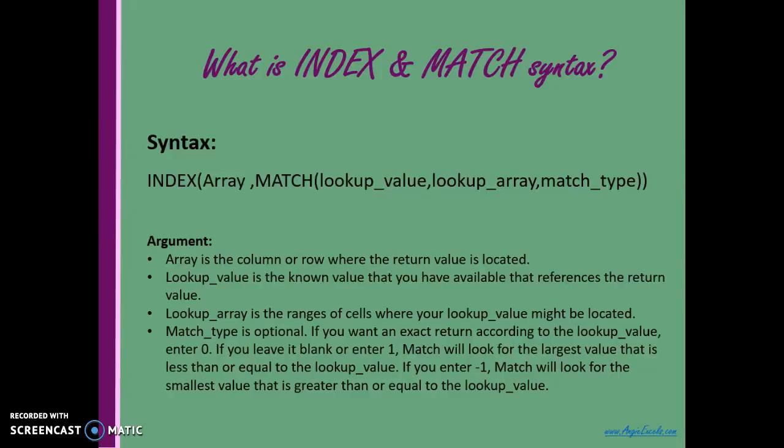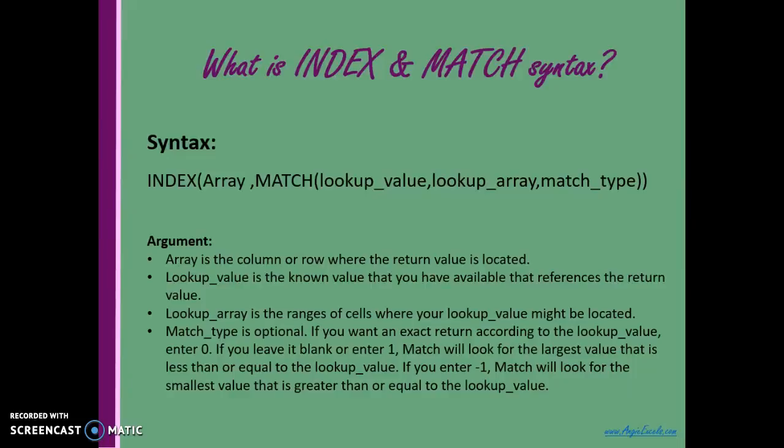Lookup array is the ranges of cell, row, or column where your lookup value is located. Okay, so in the example I gave earlier, your lookup array is your contacts in your cell phone. Okay, match type is optional. So if you want an exact return according to your lookup value, then you enter 0.